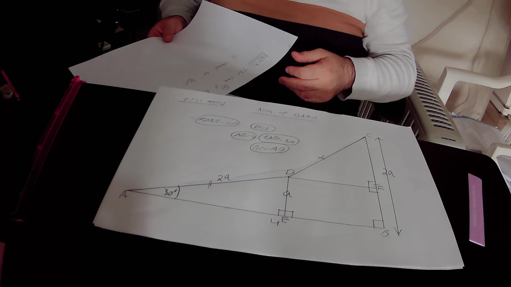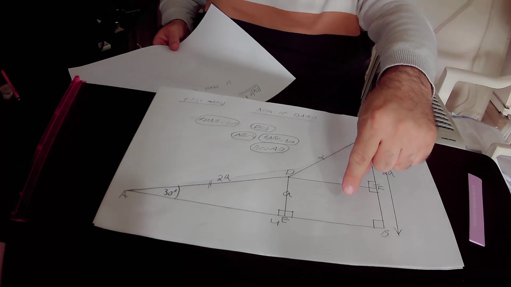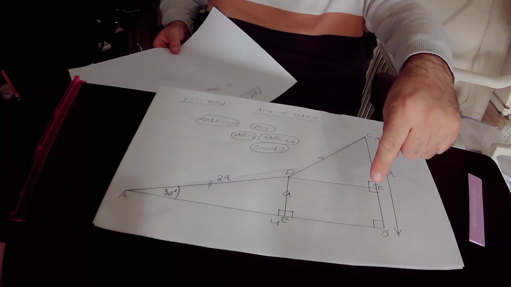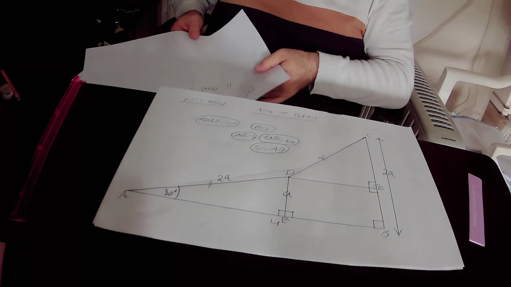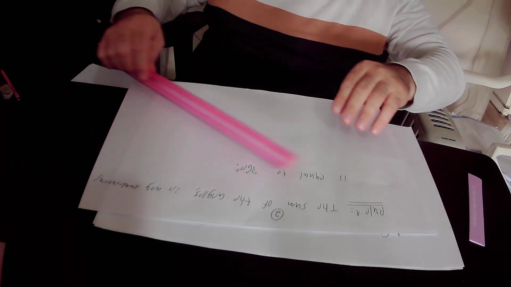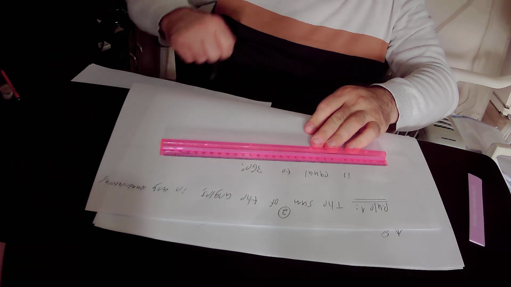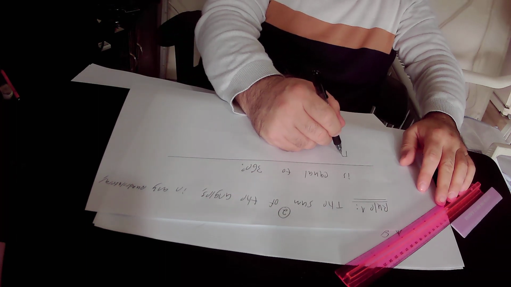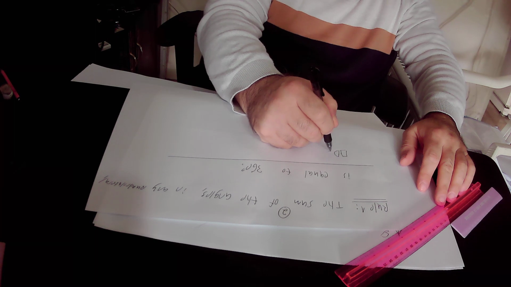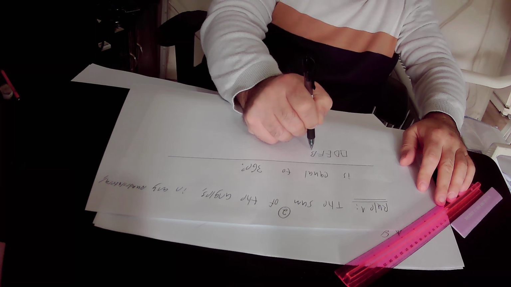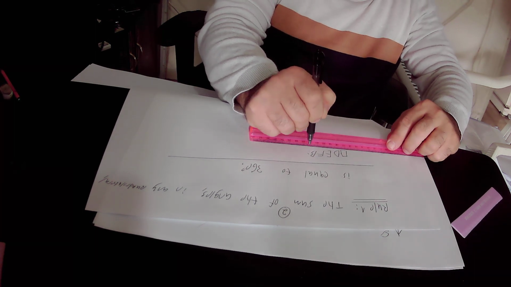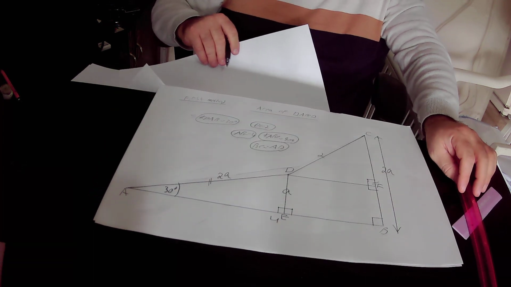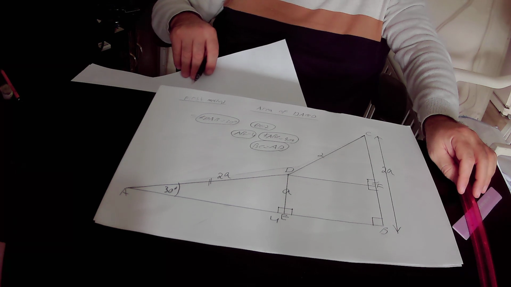So actually, if we focus on quadrilateral DEFB, according to rule number 1, the sum of its angles must be equal to 360 degrees.